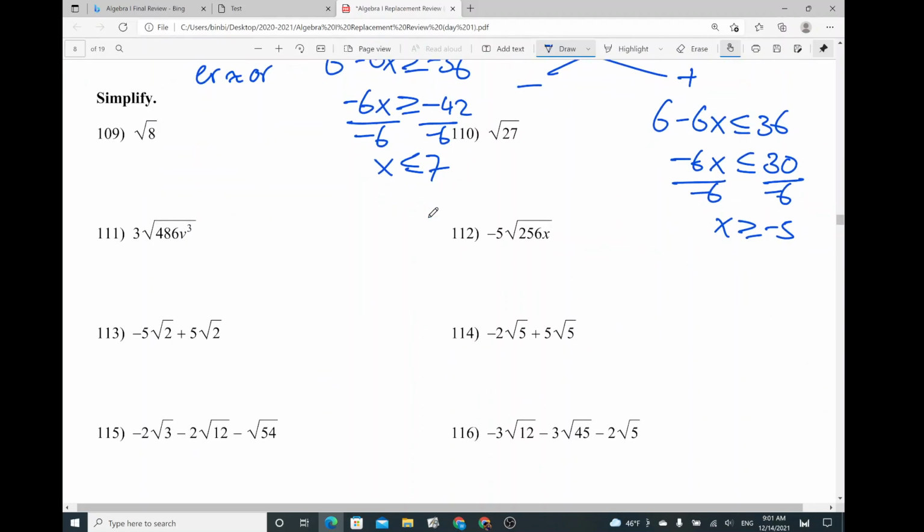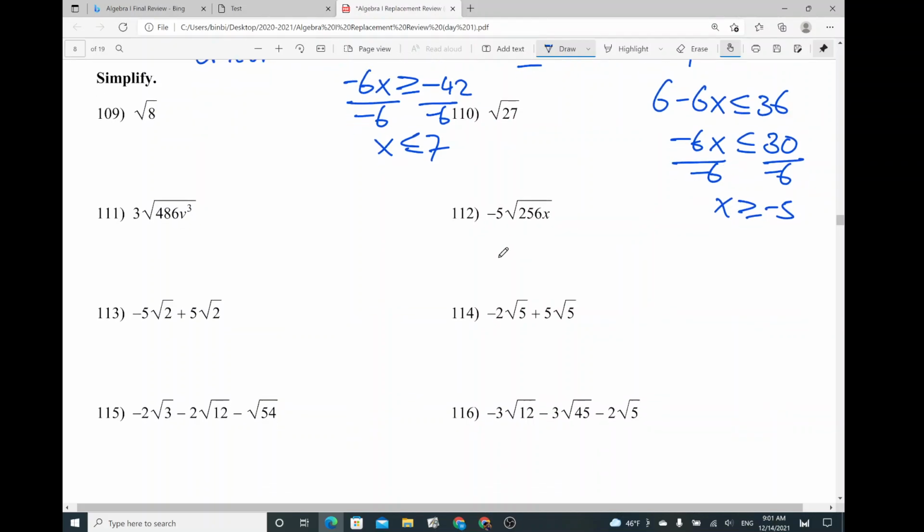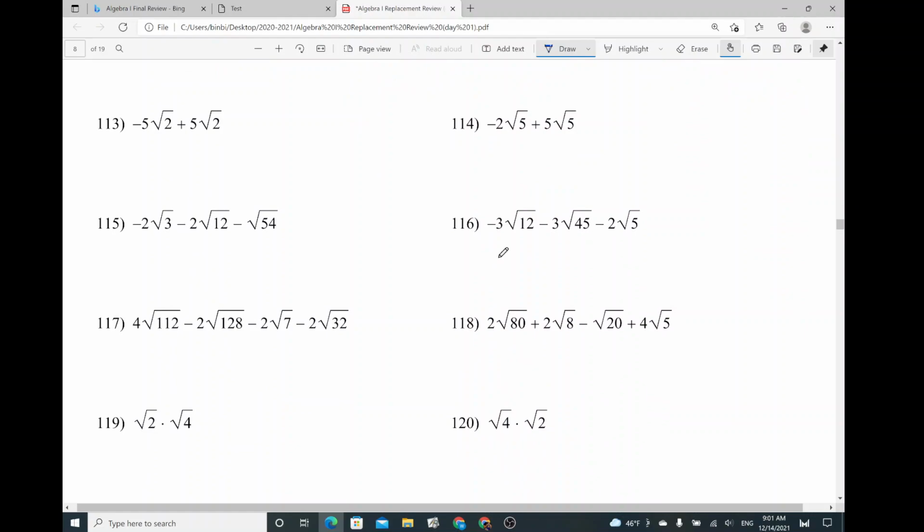Okay, so finally we're getting to the radicals. The way to simplify the radical is by making the factor trees: the perfect square number and the non-perfect square number. So let's do the one that's a little bit more complicated. Like 112. If you think about that, the number is divisible by 2 because that's even.